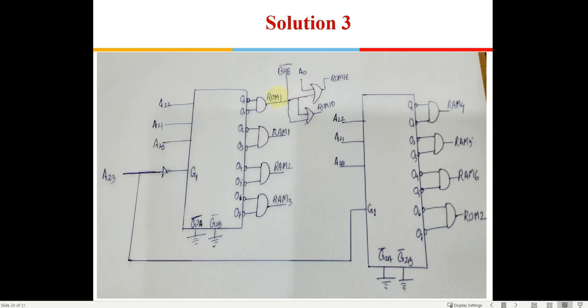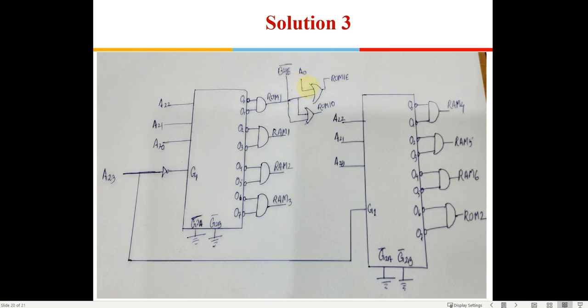For each ROM, to select the even and odd banks, you need to use the A0 and BHE signals. When A0 is 0 and BHE is high, because this is an active low signal, that means only the lower, even bank is to be taken, so this signal will go low. A0 is 0 and BHE is high, you will get a 1 here, so this ROM will be activated.